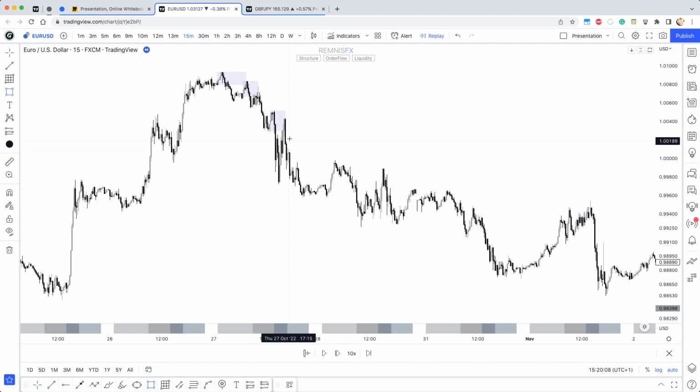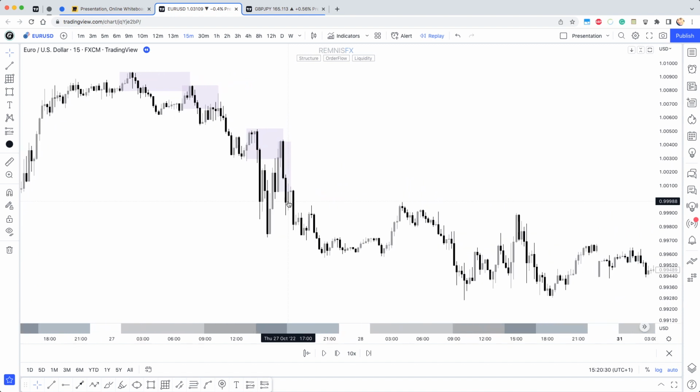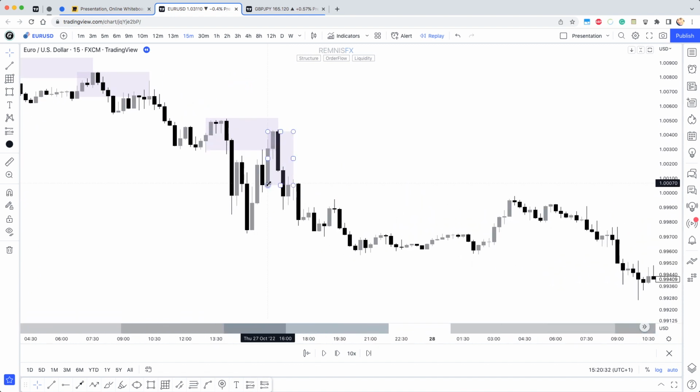And then what happens here, because this was your last bullish movement like this, is very narrow, but let's have a look here, like that, right?